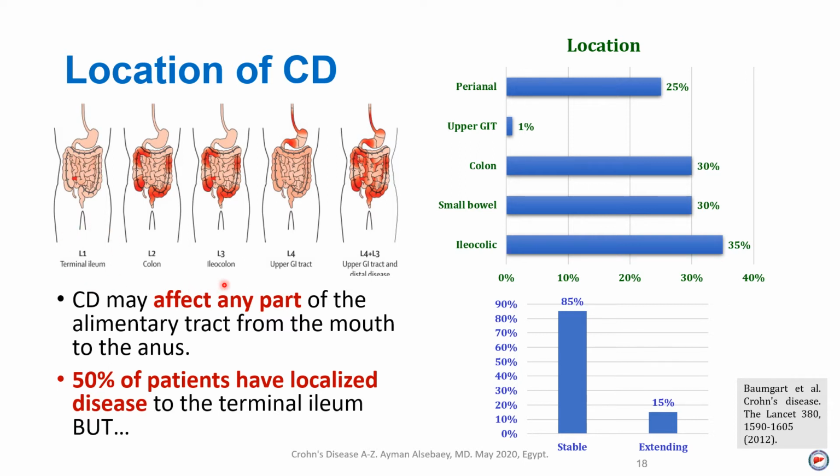In L3, it affects the ileum and the colon at the same time. L4 extends to the upper GIT, including the stomach, duodenum, jejunum, and so on. And L4 plus L3 if we have combined ileocolic plus upper GIT disease. This is the Montreal classification, and this is the location component.